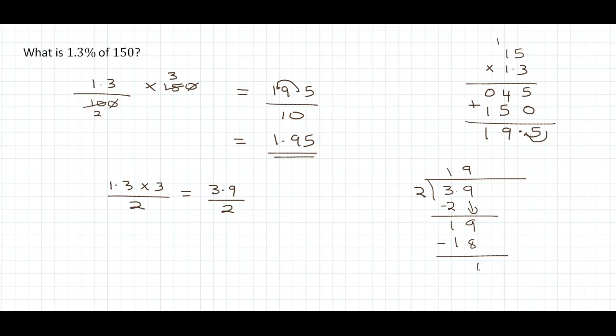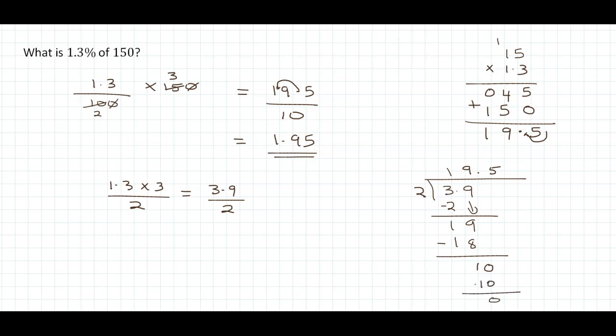Because we cannot divide 1 by 2, we have 0 groups of 2 in 1. So we're going to put our decimal here. And then this allows us to make this a 10. 10 divided by 2, we have 5. 5 multiplied by 2, we have 10.